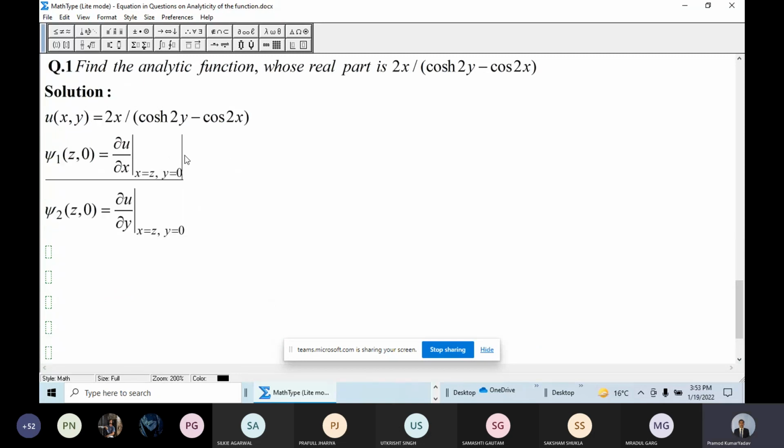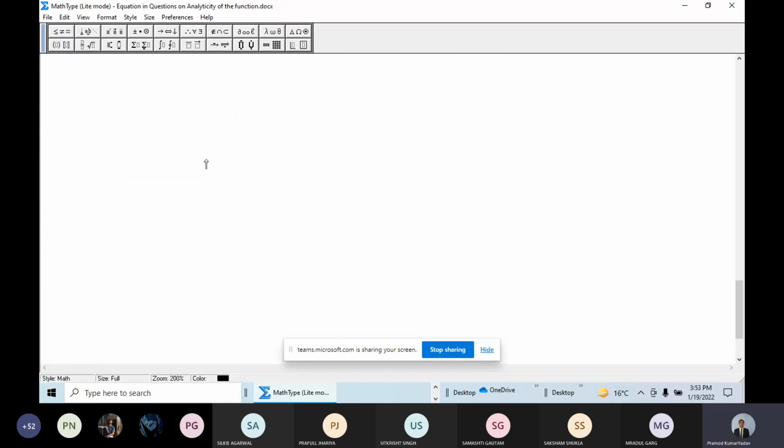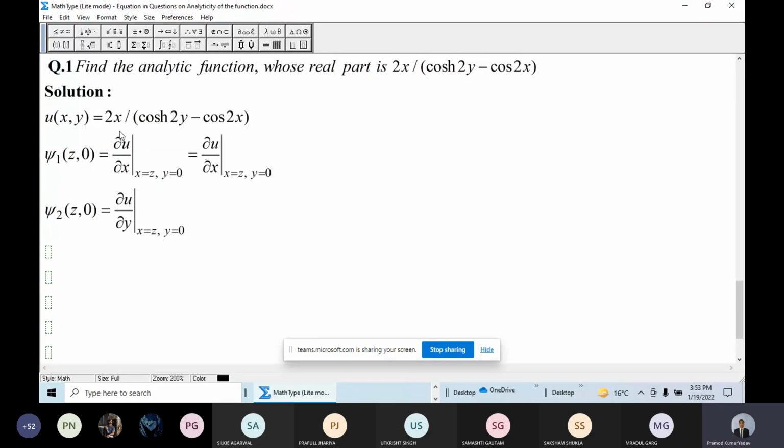Now this value, first we are going to try this one. Now what is the value of del u by del x? You may find the value of del u by del x.